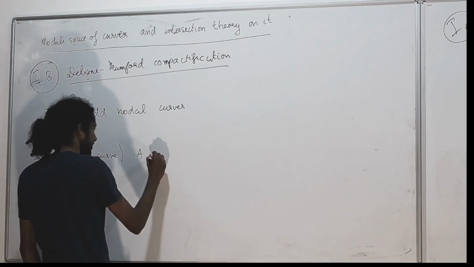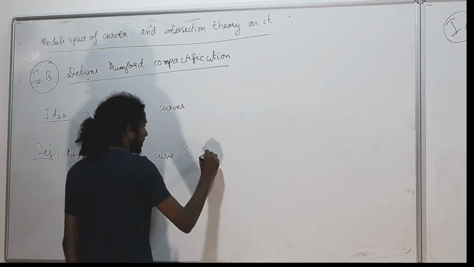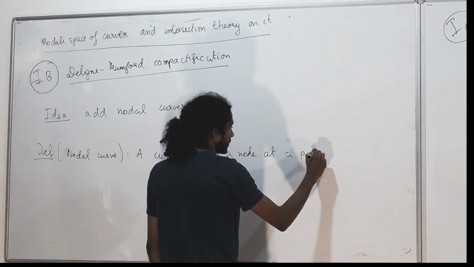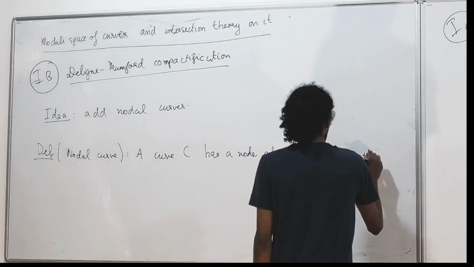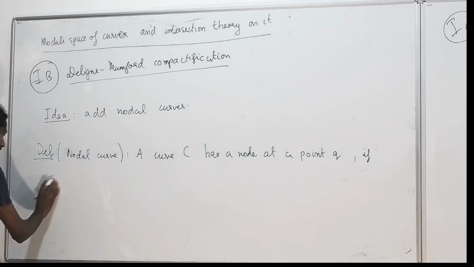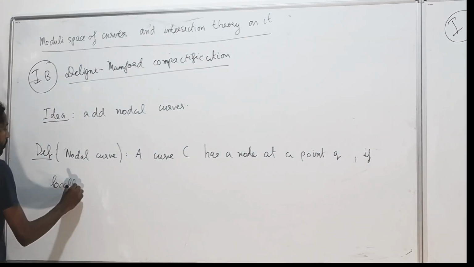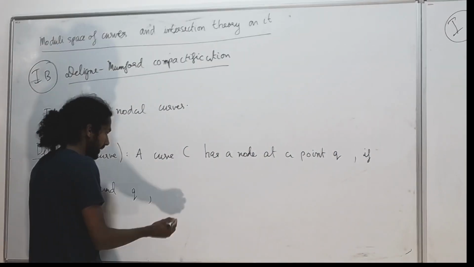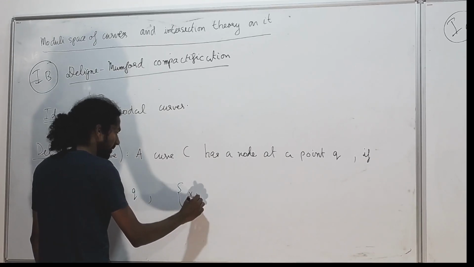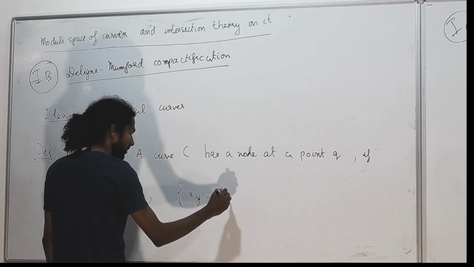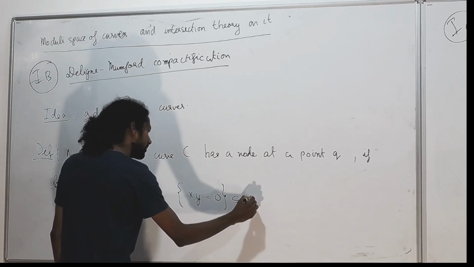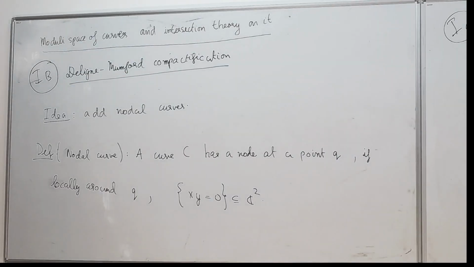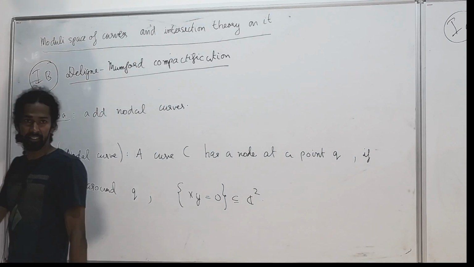We will say that a curve C has a node at a point Q if locally around Q it looks like x times y equals 0 in C^2, the set in C^2. That's kind of what I tried to draw here. It's not too bad. It's not too singular.